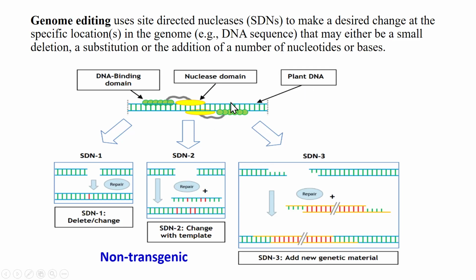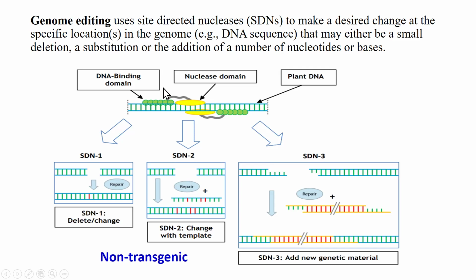So the cell has the double-stranded DNA. Here, nuclease is just like the molecular scissor. And the DNA binding domain is a complementary guide RNA, which can find the specific target site of the DNA.